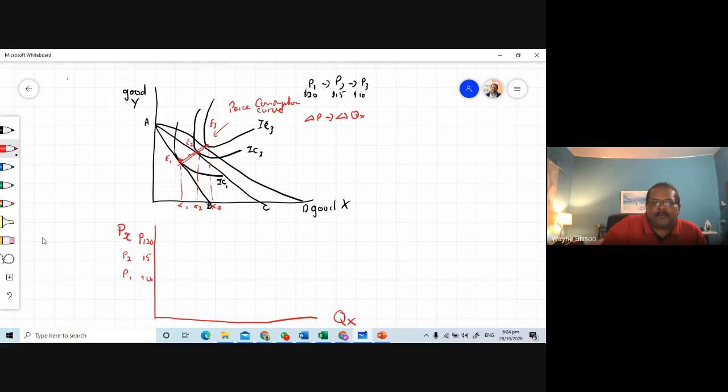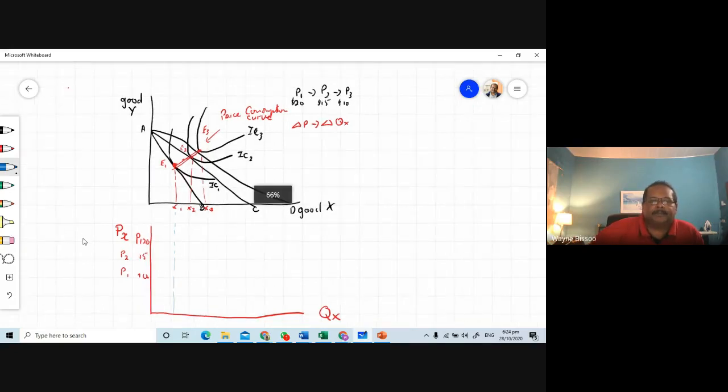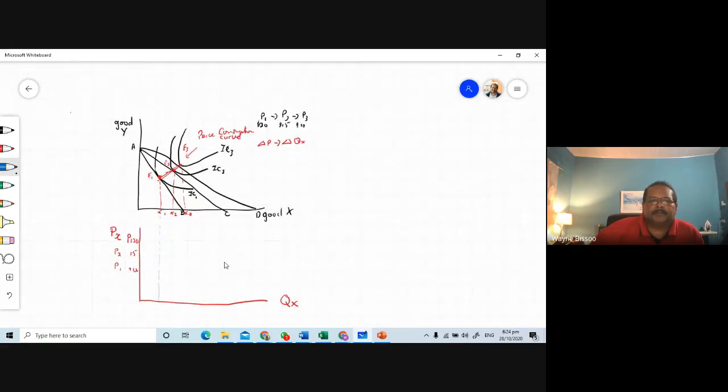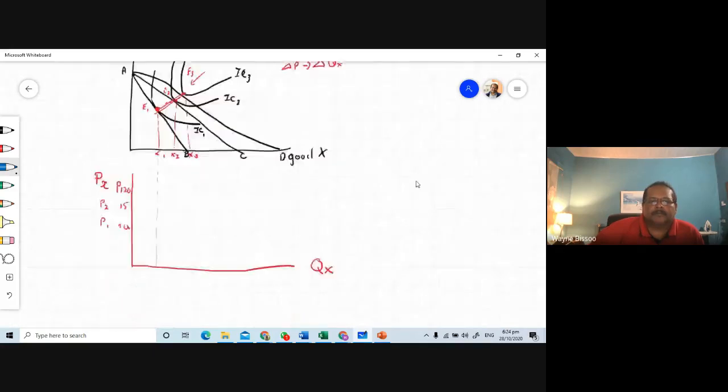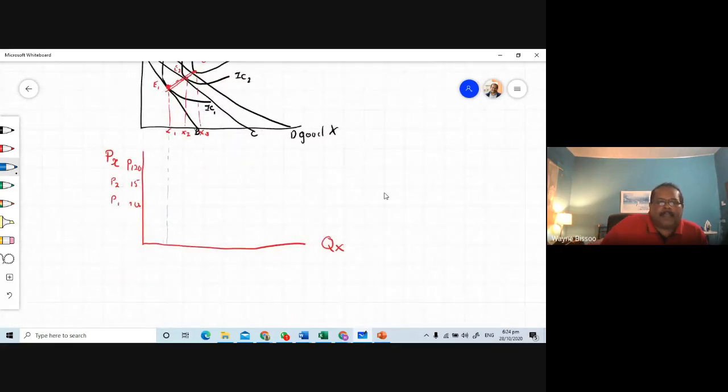That was this value here. So just for the sake of our argument, we're going to bring a dotted line down from X1. I'm bringing this value down from here.